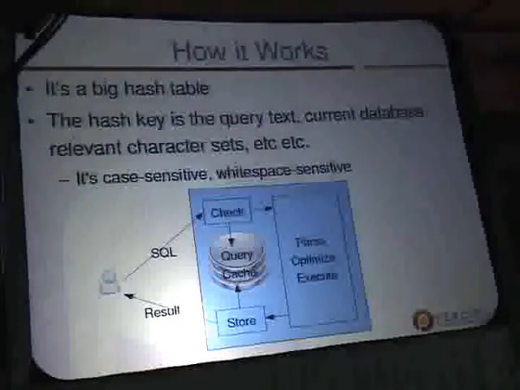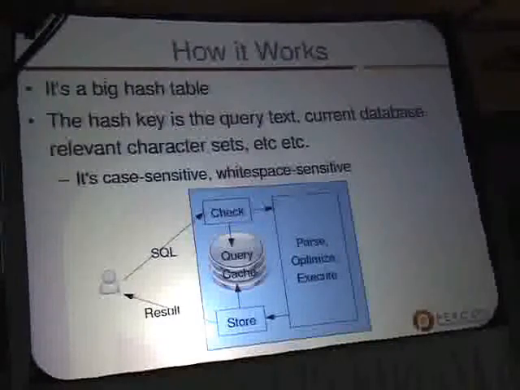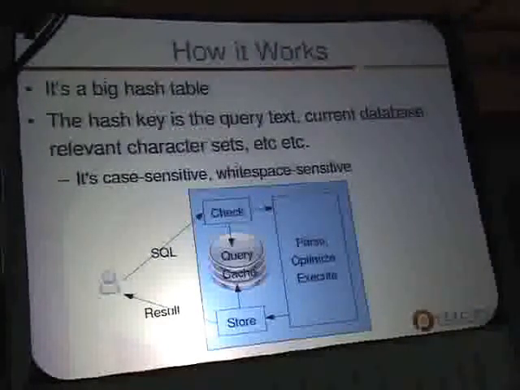Okay, so it's a big hash table. It's a little more complicated than that, but it really is just a big hash table. The key into the hash table is the query text, the current database, the character set, and collations. There's a few other things that go into it: anything that affects the client's state. The query cache should not change the semantics of the server.